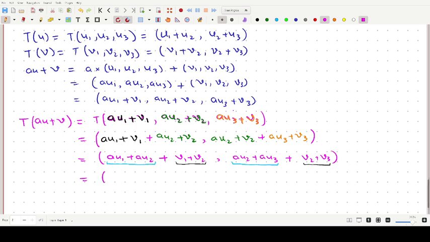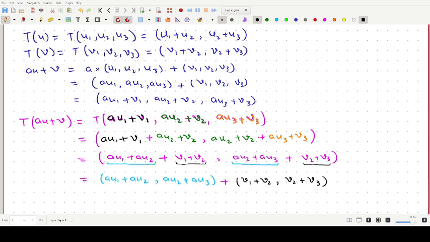So what our plan was as follows. What we are going to do is we are going to write this as AU1 plus AU2 comma AU2 plus AU3, right? This is the first vector plus the second vector, right? So the second vector would be V1 plus V2, comma V2 plus V3.